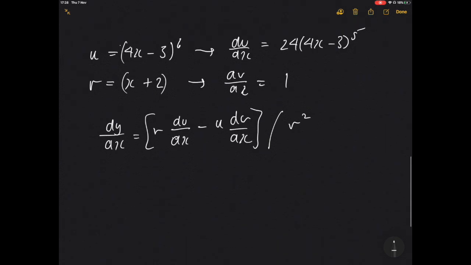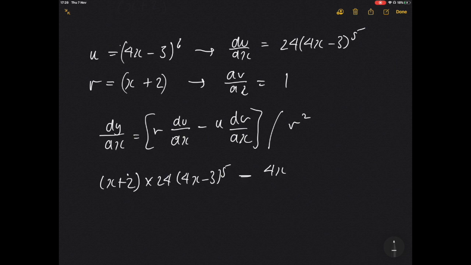And we stick our numbers in, we're going to find out that that's going to give us v times du by dx, which will be (x plus 2) times 24(4x minus 3) to the 5, minus our 1 multiplied by (4x minus 3) to the power of 6.